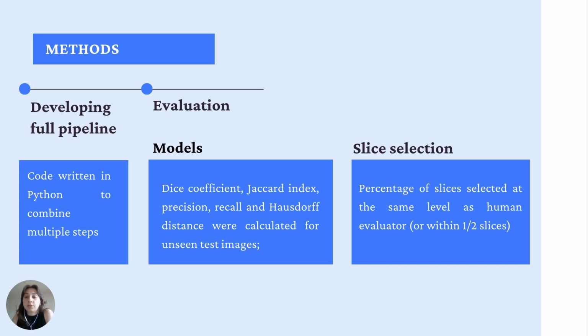To evaluate slice selection in the automated pipeline, we looked at the percentage of slices selected at the same level as the human evaluator, as well as within 1 or 2 slices. The human evaluator was asked to select 1 slice above the mid-orbit.